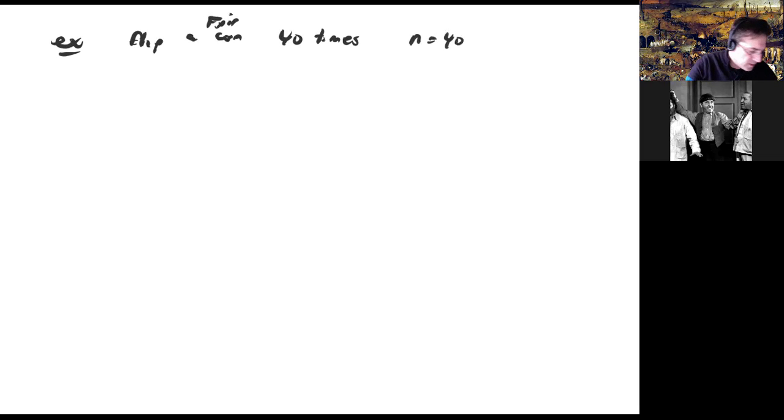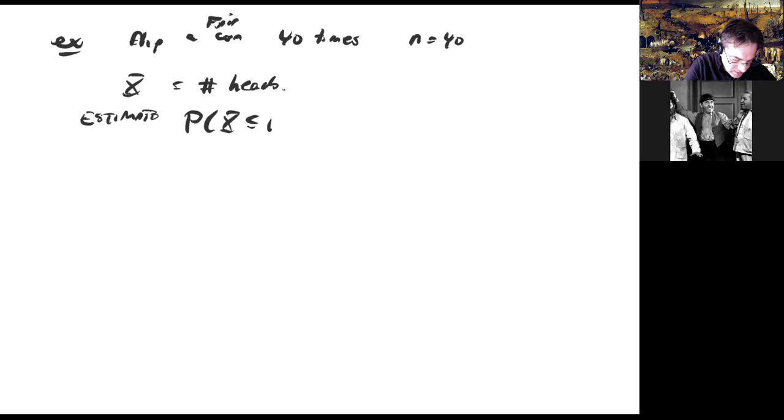So example 1 is, let's flip a coin 40 times, and when I say a coin, a fair coin. So n is going to be 40 here. Let x be the number of heads. So let's estimate the probability that x is at most 17 using the central limit theorem.